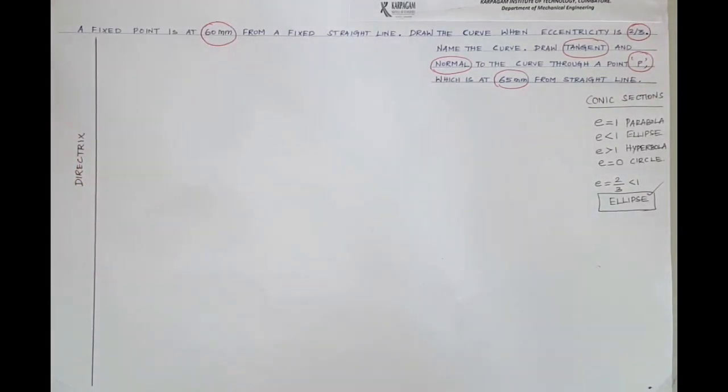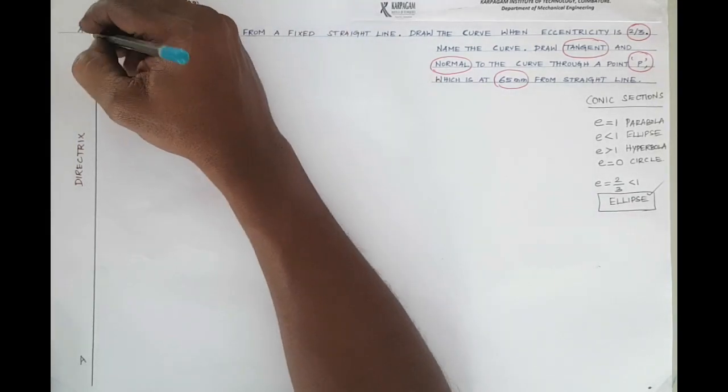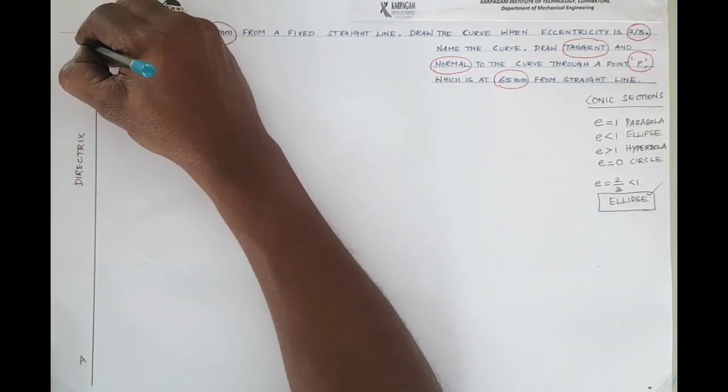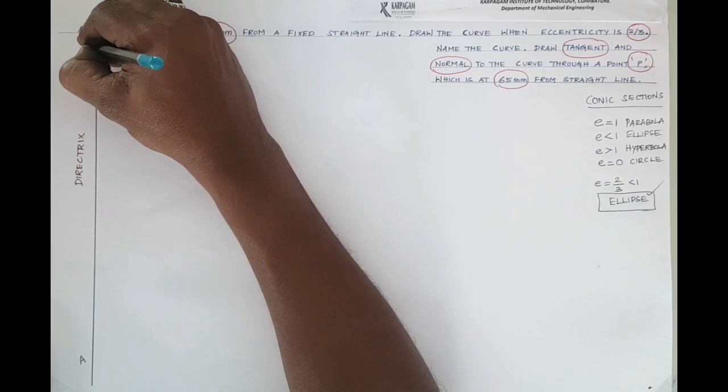Name of this line is called directrix, and it is a vertical line, and name the bottom endpoint as capital A and top endpoint of that line as capital B.